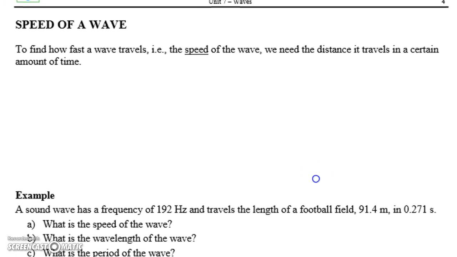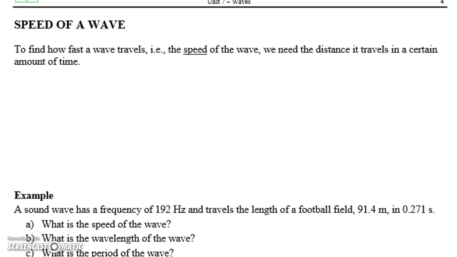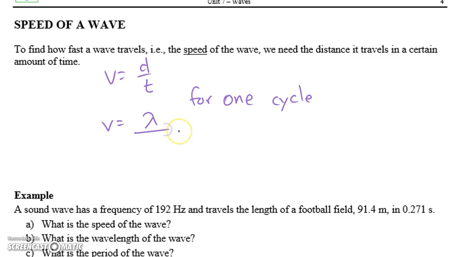Speed of the wave. So one last thing, we need to talk about how to calculate the speed of the wave. Speed is always calculated as distance over time. But if we're going to think for one cycle, the distance that it would go in one cycle would be equivalent to the wavelength lambda, and the time for one cycle would be the period T. But in physics, we don't want to use that T because T pops up a lot, so we actually replace that with frequency.